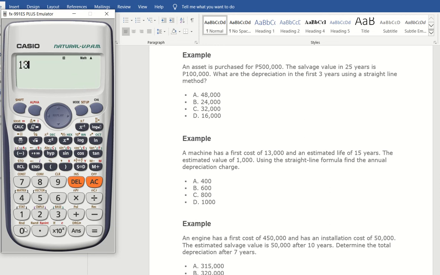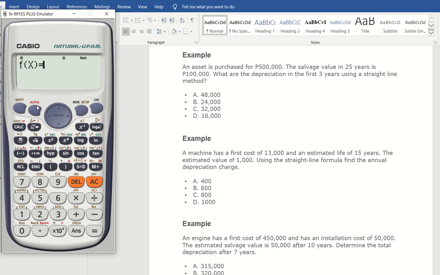So 13,000 minus 1,000 divided by 15. So we have 800. So again, store it in your B and then just hit AC. Then go to mode 7, table.